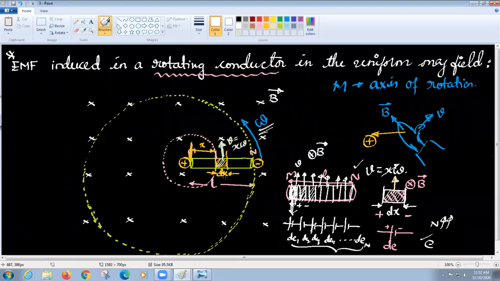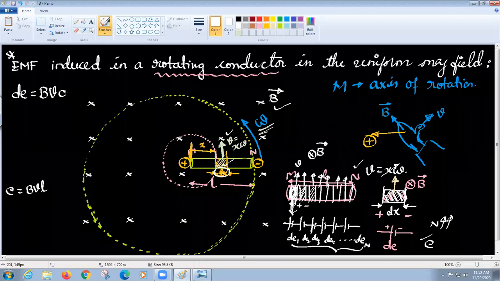Now you tell me, if I take this particular element dx, what is the induced EMF dE in that element? B omega x dx, sir. So in general, the induced EMF is equal to B, V and L. I take the same B, and I take this V. Now what is L here?